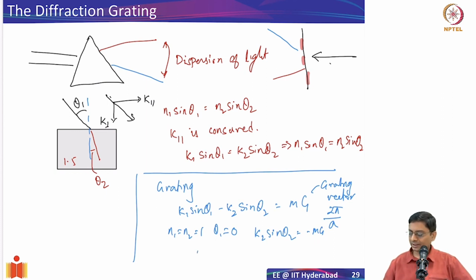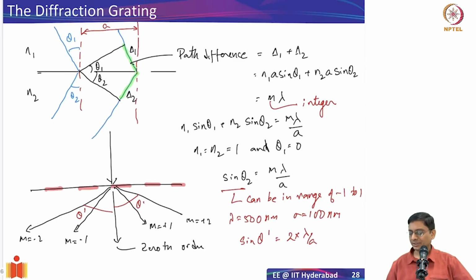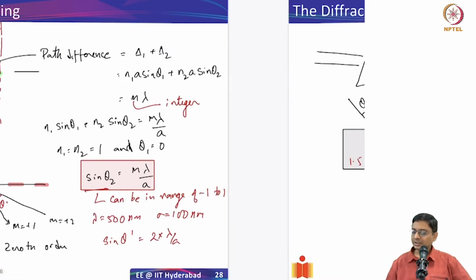You'll see that sine theta 2 is going to be minus some integer times lambda by a. It's precisely the same definition. There is a negative sign that comes in because of the way I defined it. But effectively, for the grating equation, we saw that this is what you get when you have that scenario, wherein n1 equal to n2 and theta 1 equal to 90 degrees. So you see the same thing comes.